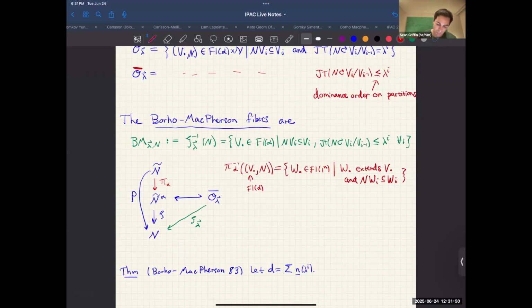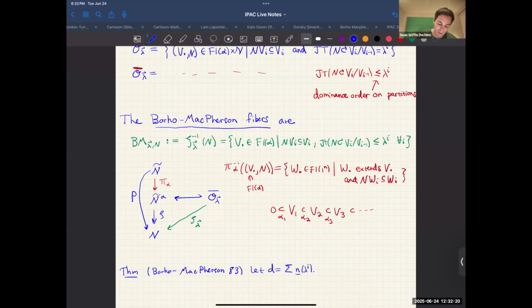But then what does this look like? So you have your partial flag. This jump is in dimension alpha 1, this jump is in dimension alpha 2, alpha 3, and so on.